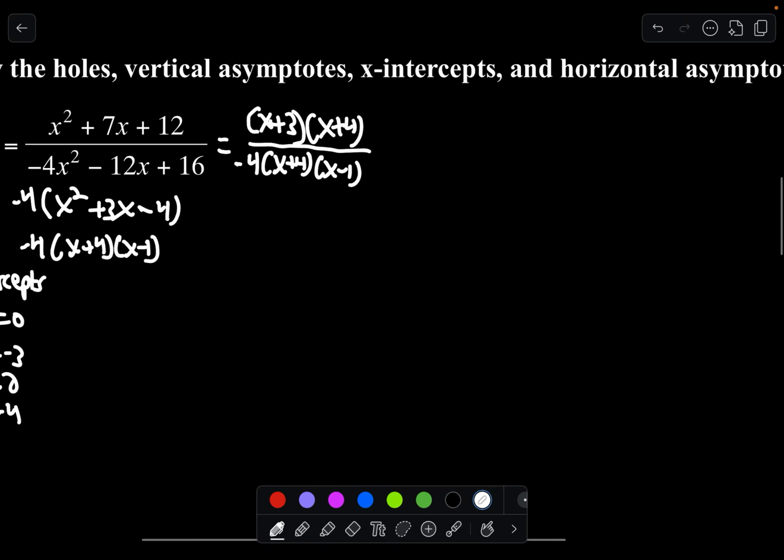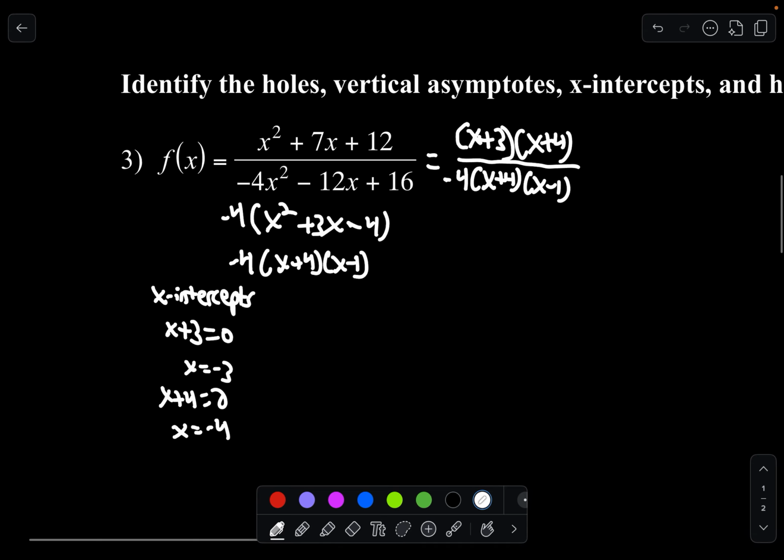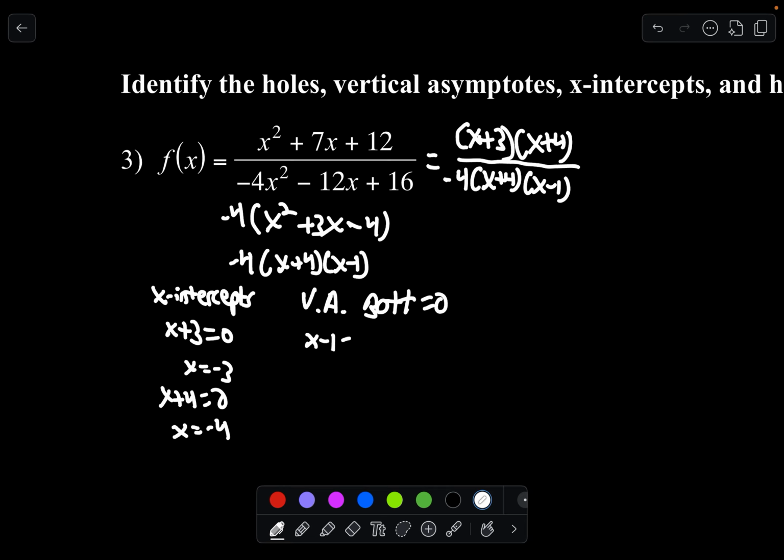Then, vertical asymptotes. All right, that's the bottom equal to 0. So that means you'll have x minus 1 equal to 0, which gives us a vertical asymptote of x equals 1, and x plus 4 equal to 0, which gives us a vertical asymptote at x equals -4.